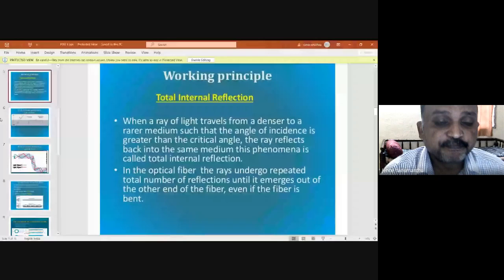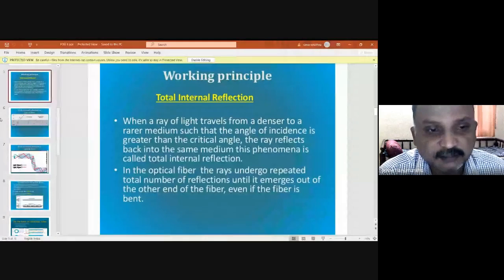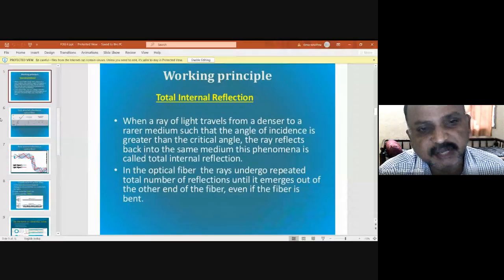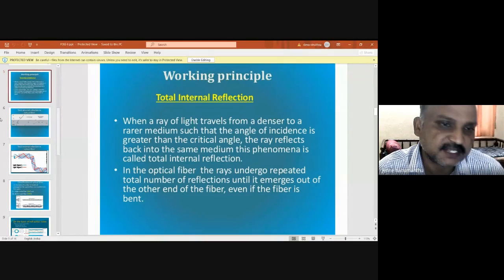See, fiber is nothing but a combination of core and cladding, right? The core is made of some material, and cladding is also made with some other material. Remember, core has some index, cladding also has some index.